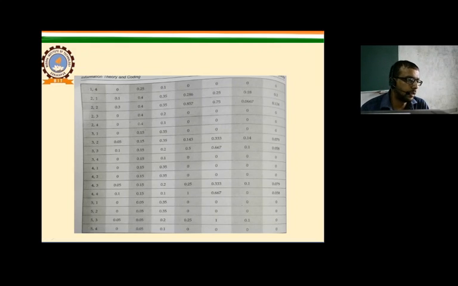Now in the table it is clear that 2,1 means second row first column, 2,2 means second row second column, second row third column, second row fourth column, third row first column, and so on up to fifth row fourth column. This is the last element of the JPM.